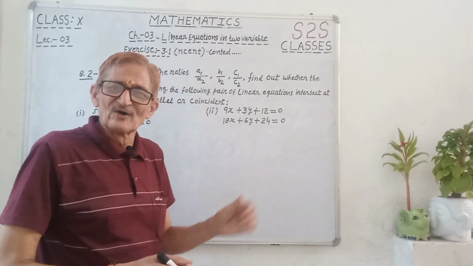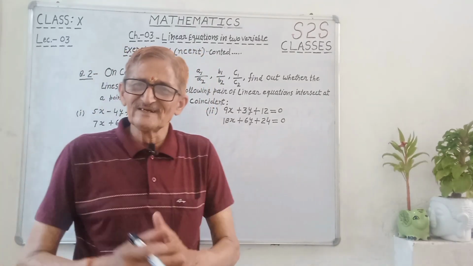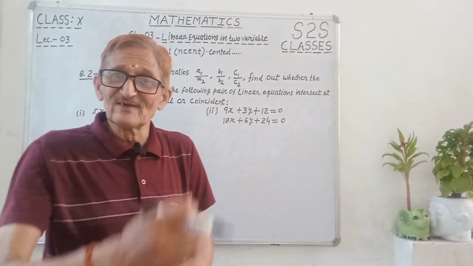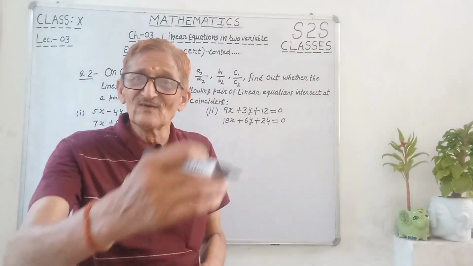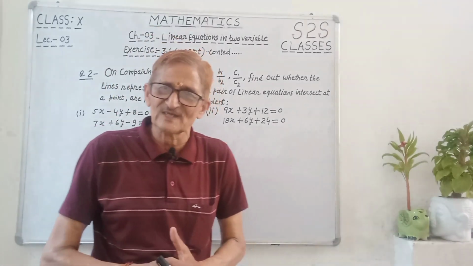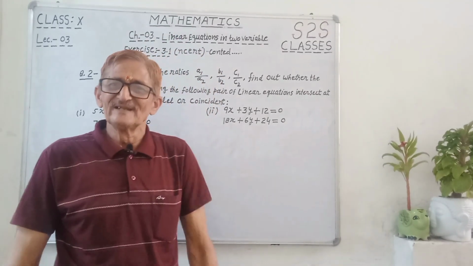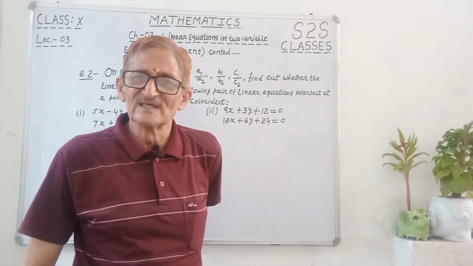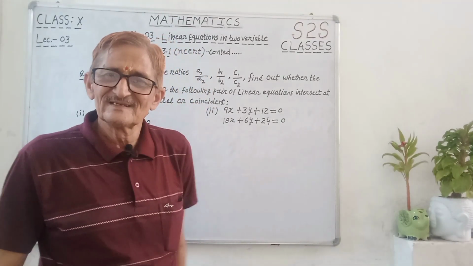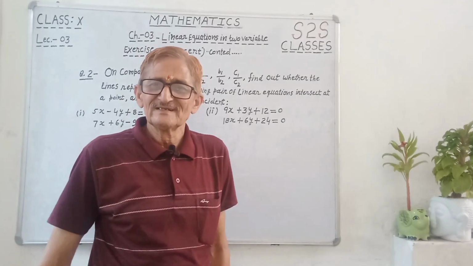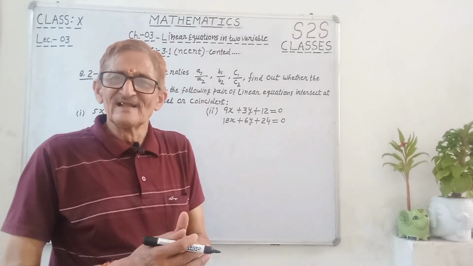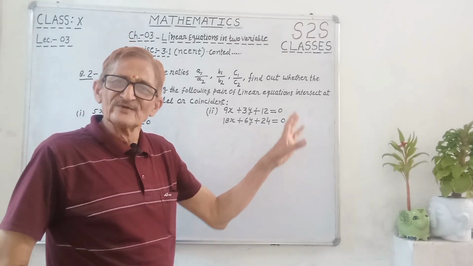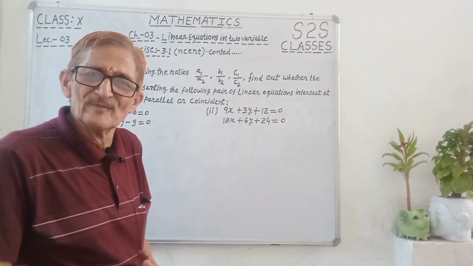Now third point, coincident. Coincident means if A1/A2 equal to B1/B2 equal to C1/C2, all three ratios are equal, then we can say the pair of linear equations has infinitely many solutions and the lines are coincident. Without drawing the graph, we solve this question by comparing.